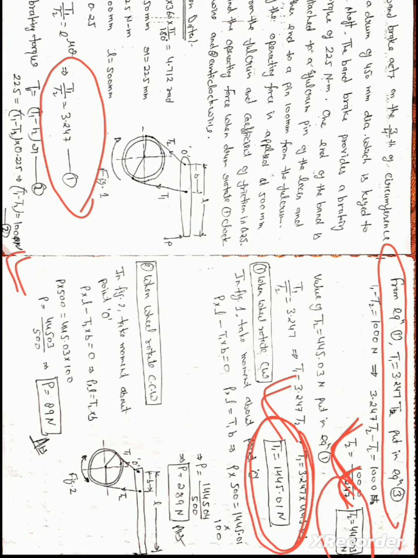Now move on to the determination of the operating force when the wheel rotates in clockwise and anti-clockwise direction. First case, when the wheel rotates in clockwise direction. In figure 1, taking moments about point O. So P into L makes an anti-clockwise couple, so this will be positive.